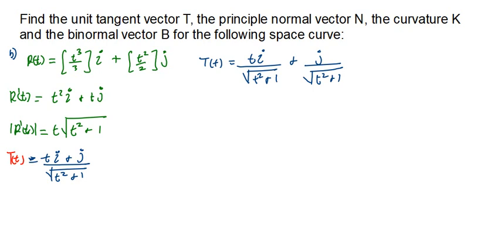After you differentiate, you find that the first derivative equals 1 over (t squared plus 1) to the power 3 over 2 in the i, minus t over (t squared plus 1) to the power 3 over 2 in the j. That's the first derivative.